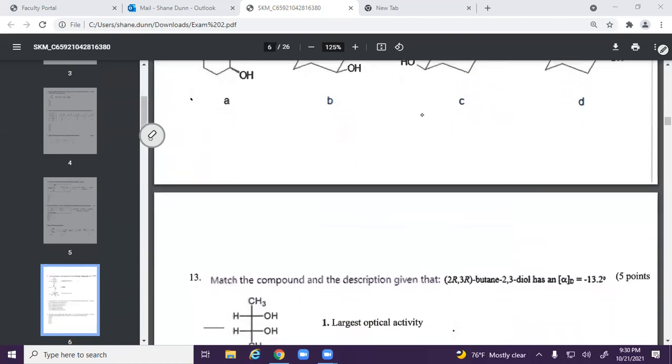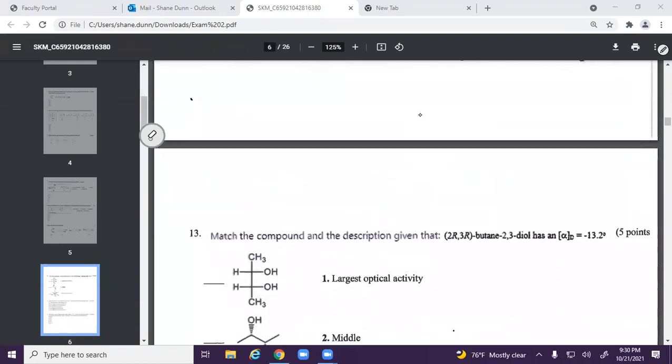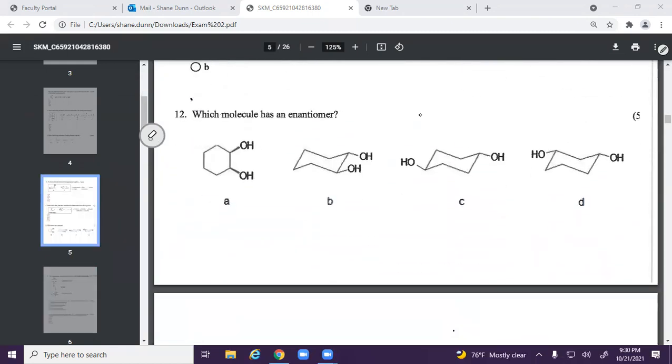Can you go over the RS again, please? Which one? For 12? Yeah. So these two are chiral centers because they're bonded to four unique things: OH, H, CH2, and COH, right?